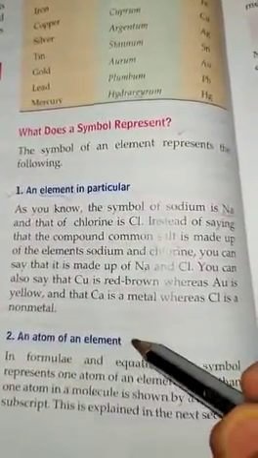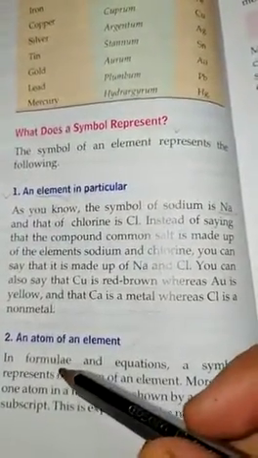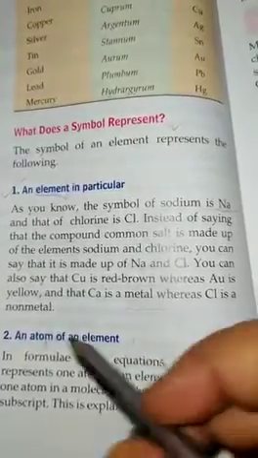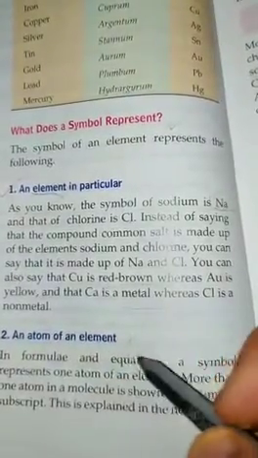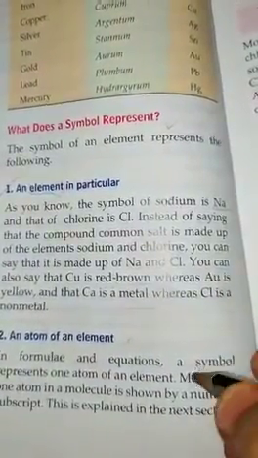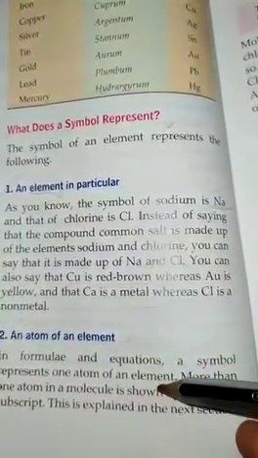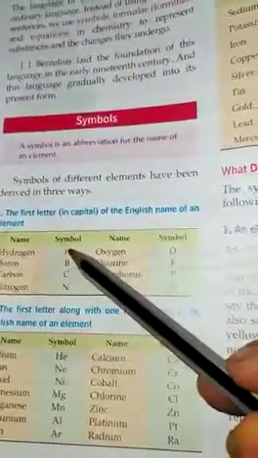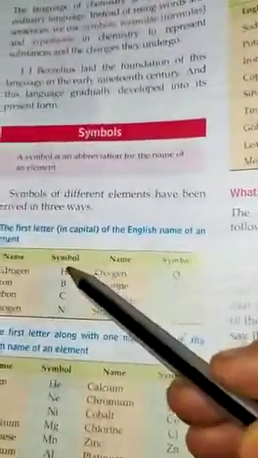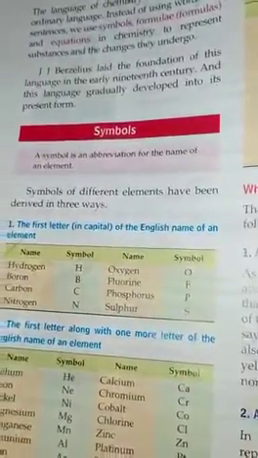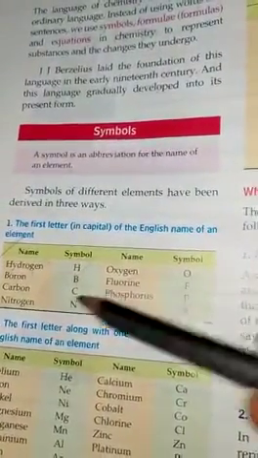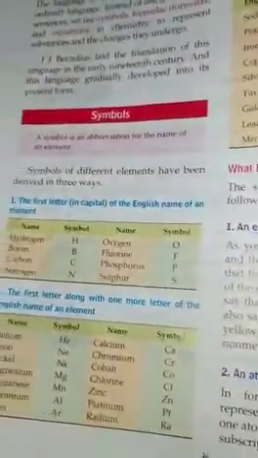Next is an atom of an element. When you write formulas and equations, we will discuss both formulas and equations further in this chapter. A symbol represents one atom of an element. As hydrogen is written as capital H, we can see that only one atom of hydrogen is represented.